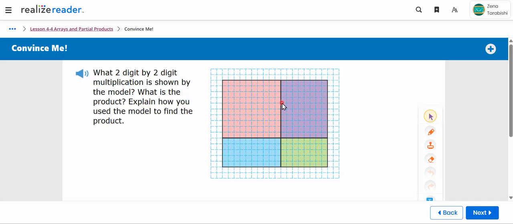Now, when you have an array like this where there's no labeling, one of the first things that you can pay attention to is, of course, how many are in each row, so that way you can figure out what the number is trying to tell you. So here, if you count this across, you'll notice that this is 10 by 10. So here we have 10, and here we'll have 10 as well.